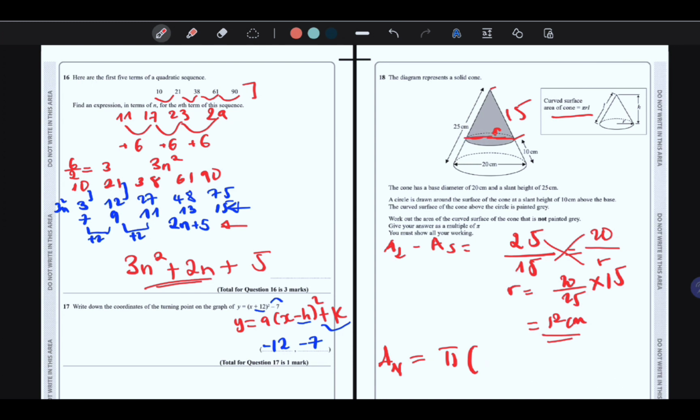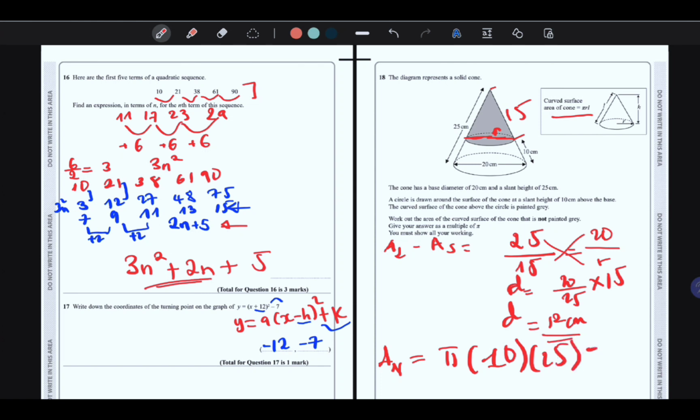Actually, this 12 will be the diameter, because you're comparing with the diameter of the bigger cone. Sorry, my mistake. So the diameter of the smaller one would be 12. So you have to do pi times radius. So you do 20 divided by 2, which is 10, times its slanted height, which is 25.